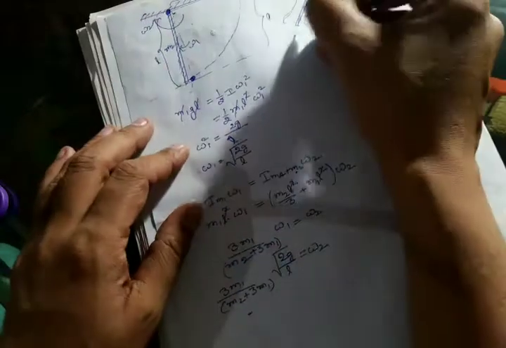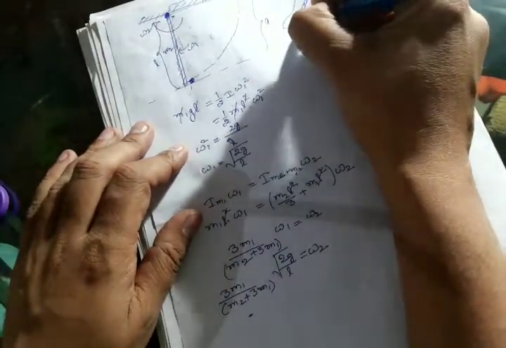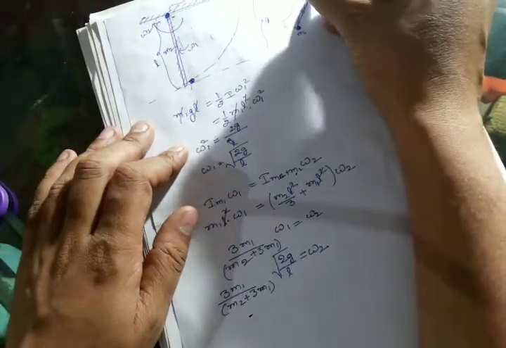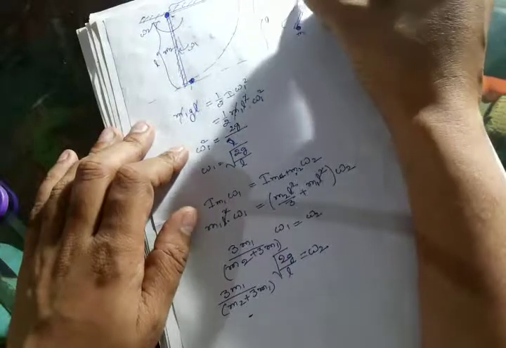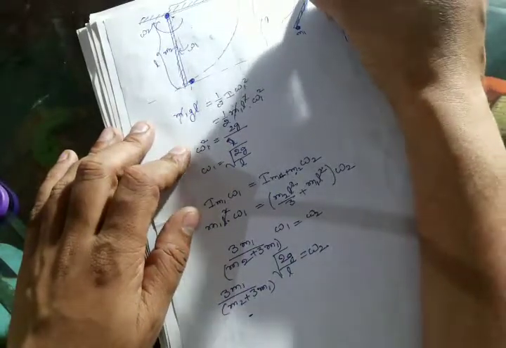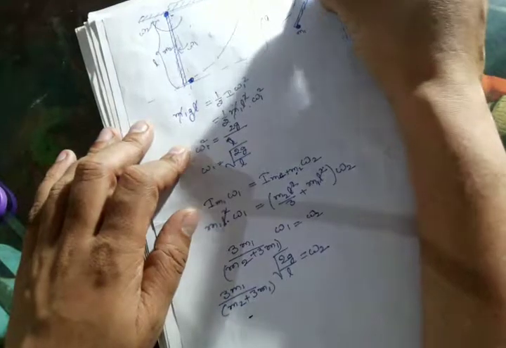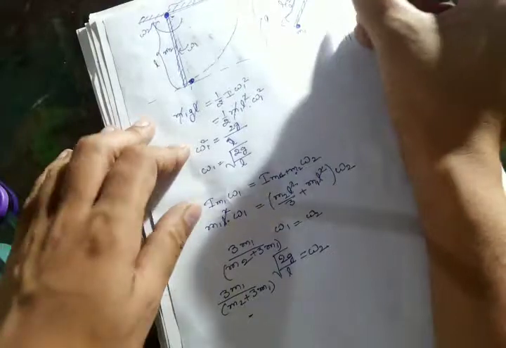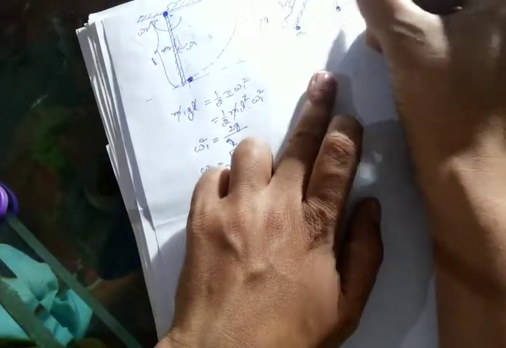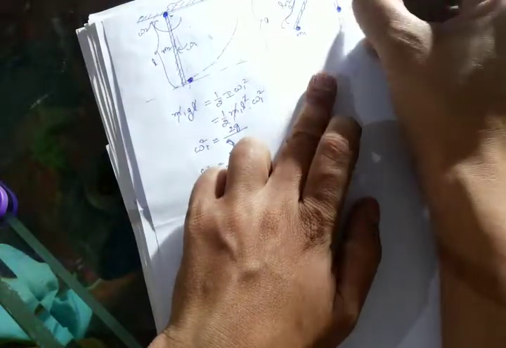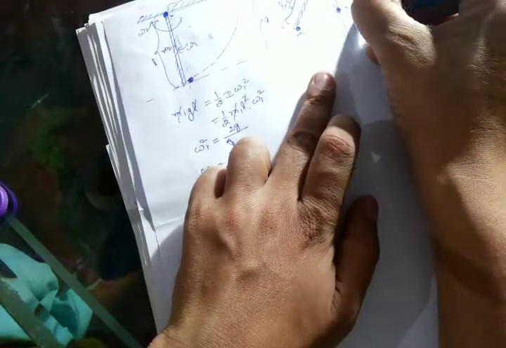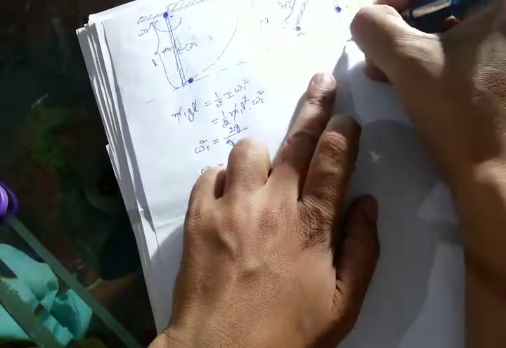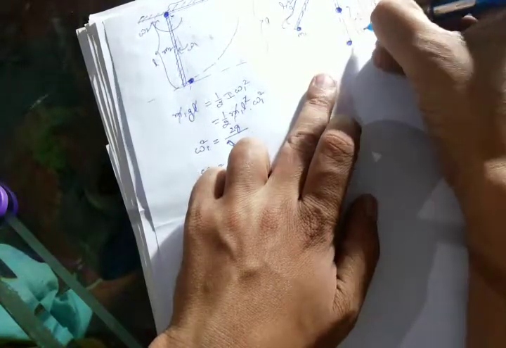Suppose it reaches a height here. So my mass m1 is attached here, and the center of mass of this rod m2 will be at L by 2 distance, as the rod is uniform. And initially also it was L by 2. This was the initial position.